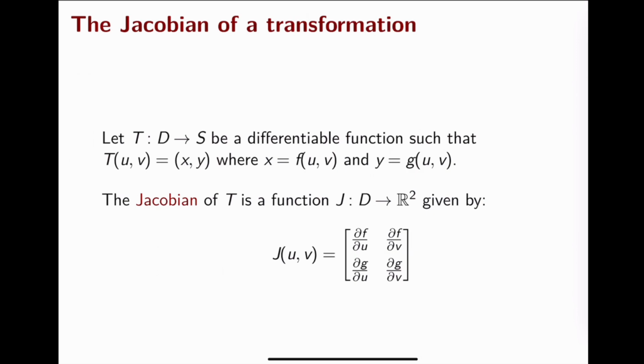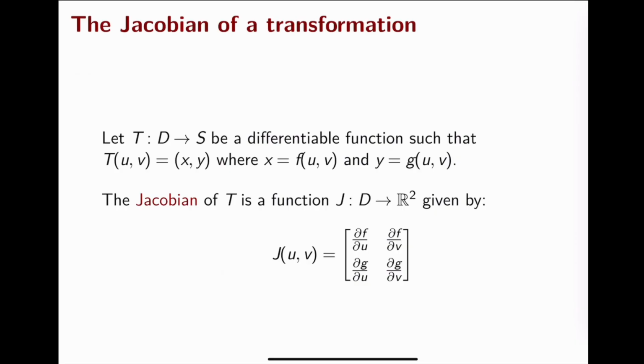And the way to calculate this Jacobian when the transformation is like this, we are going to get each of the components here. So the x is given by the function f, and that is going to be the first row of the matrix.